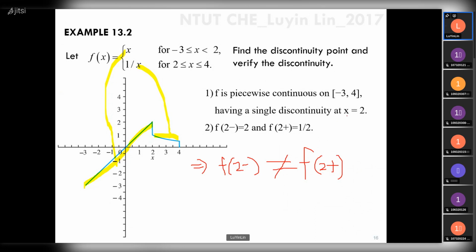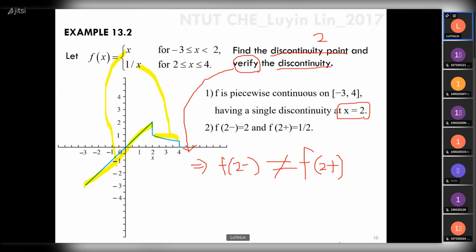So x equal to 2 is the discontinuity point. And to verify the discontinuity, you have to show f of 2 minus is not equal to f of 2 plus.